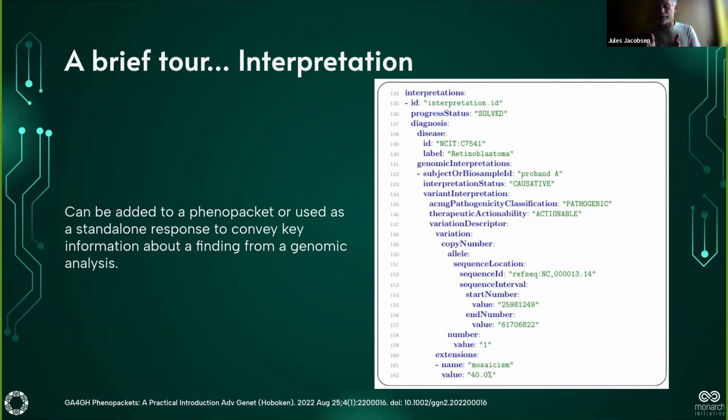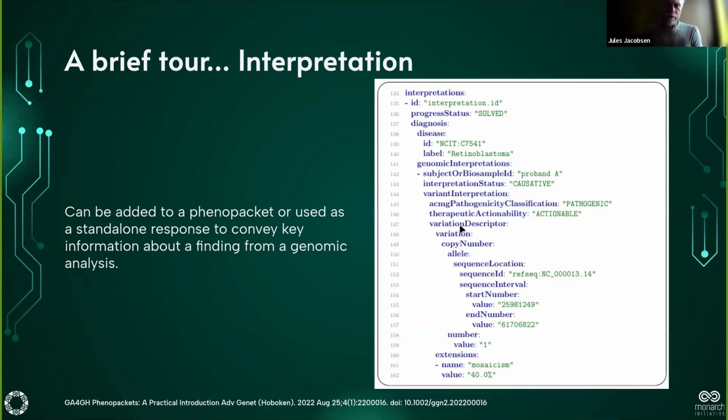In this case, pathogenic means they're 99% certain that this particular variant is causative of the retinoblastoma. There are other criteria: likely pathogenic, which is about 90% confidence, variant of uncertain significance, which is anything between nothing and about 89%, and then down to likely benign and benign, where they are pretty certain that's really not the case.